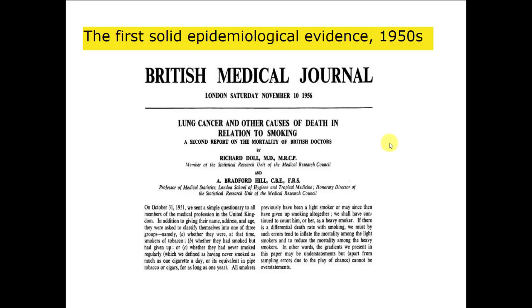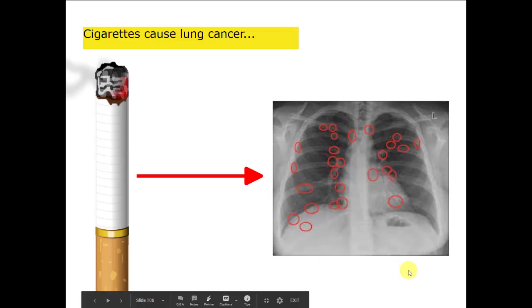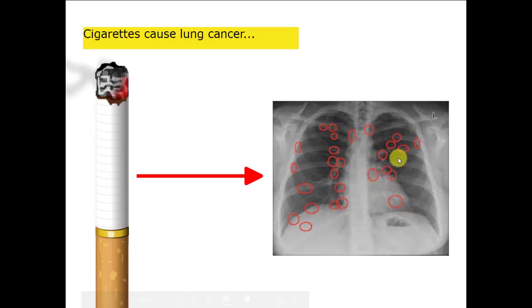The first evidence came out in the 1950s, when the British Medical Journal suggested that there was a relationship between lung cancer and smoking. They wondered if cigarettes would cause lung cancer. If you want to take a look at this X-ray, all these little circles show where there's lung cancer in the X-ray. Now, I can't see it, but maybe you can.